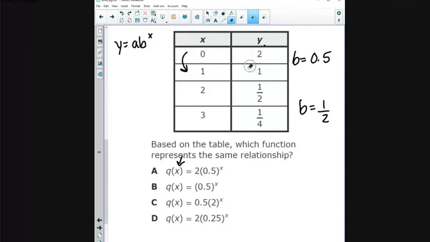There we go. Okay. The variable a represents the initial amount. Can you find out the initial amount here without doing the math? What's the initial amount? What's the y-intercept?